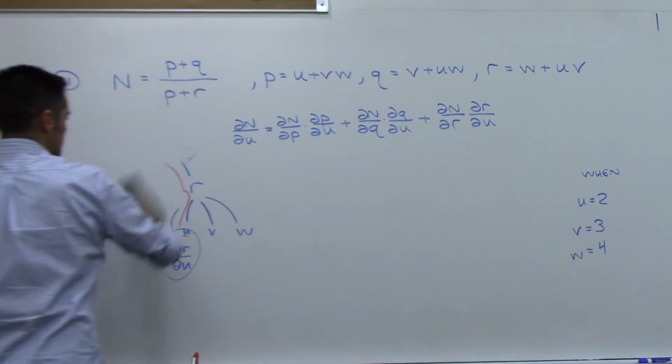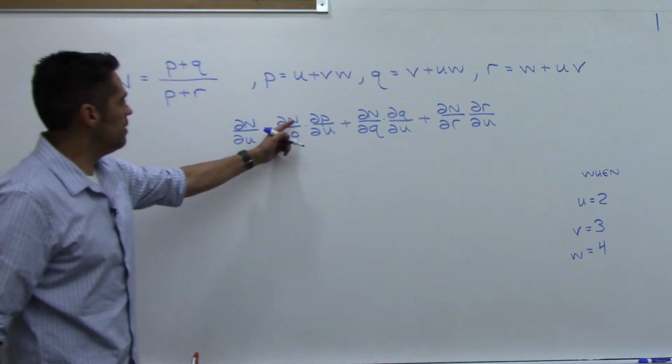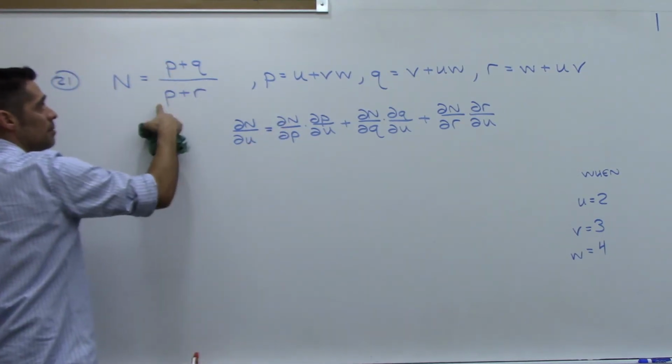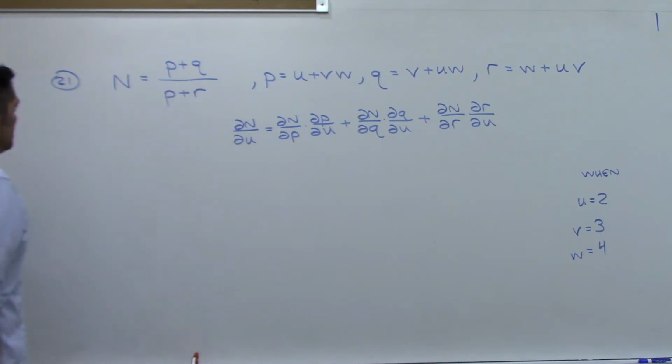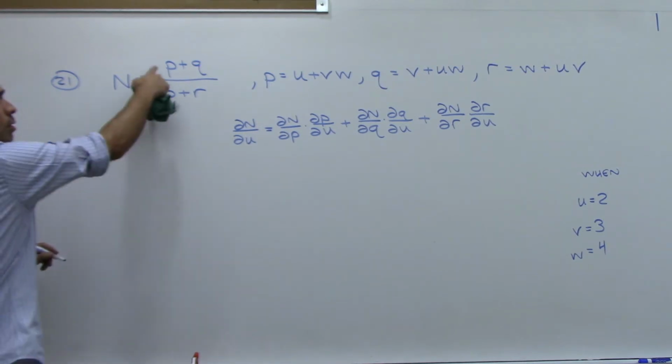I'm going to need some space here for these partials. So what's partial of N with respect to P? I need to take the derivative of this, treating P like a variable, Q and R are constants. So I have to do a quotient rule.